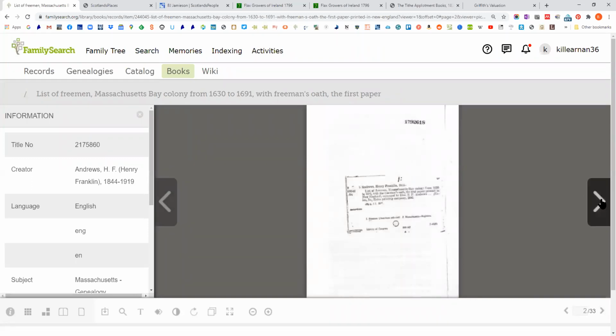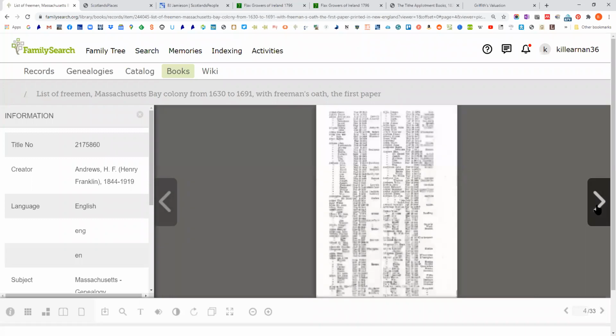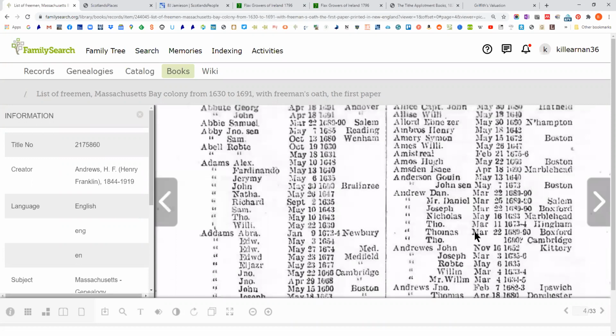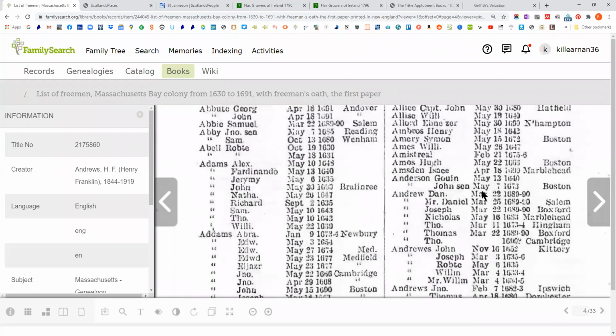And here you get information about the oath, what it said, who was eligible, and then you get, and this one's nice because you get the person's name, the date they took the oath, and in some cases the town they were living in, which is nice, unlike that Amelia County, Virginia one where you just had the county.